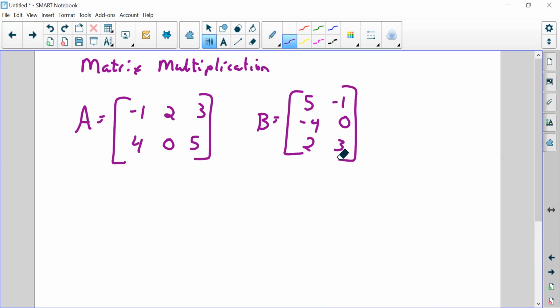Now, the rules about when you can or cannot do matrix multiplication are different than adding and subtracting. What was our rule for adding and subtracting? They have to have the same dimensions.